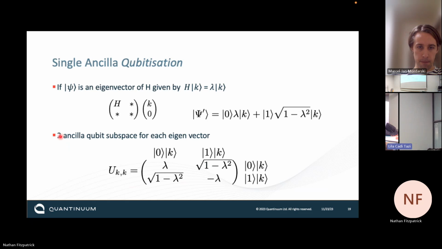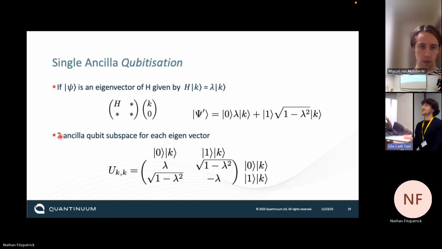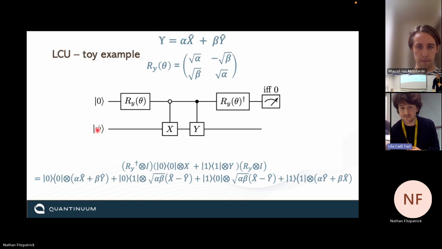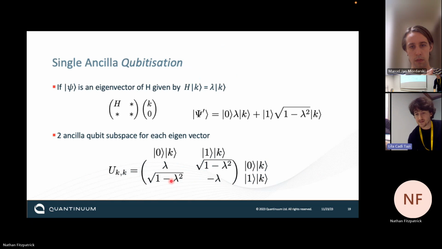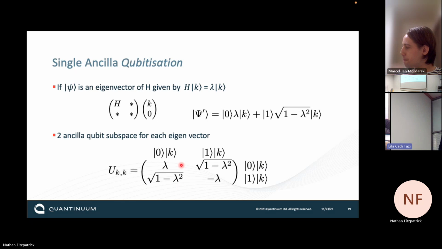In the one ancilla case, it's quite instructive because you can visualize the orthogonality quite nicely. If the state register is in K and the ancilla is in 0, you can see quite nicely how this would work.